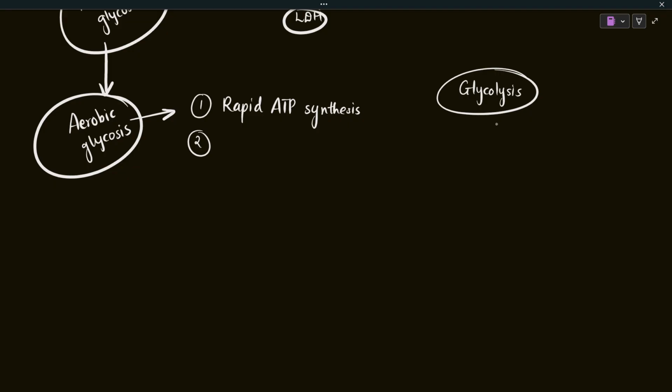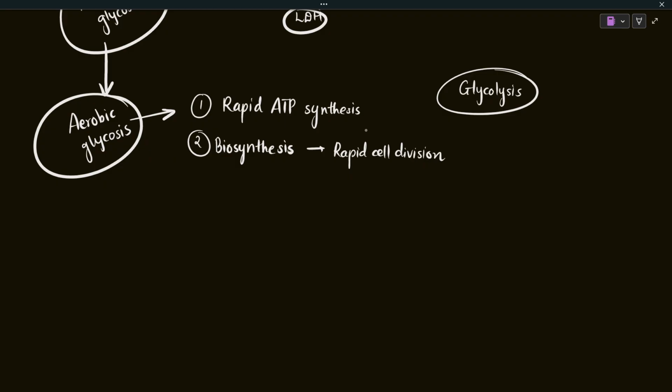So you can use those intermediates in other biosynthetic pathways. This enables rapid cell division, and thus allows cells to grow uncontrollably. So now you have the nucleotides.